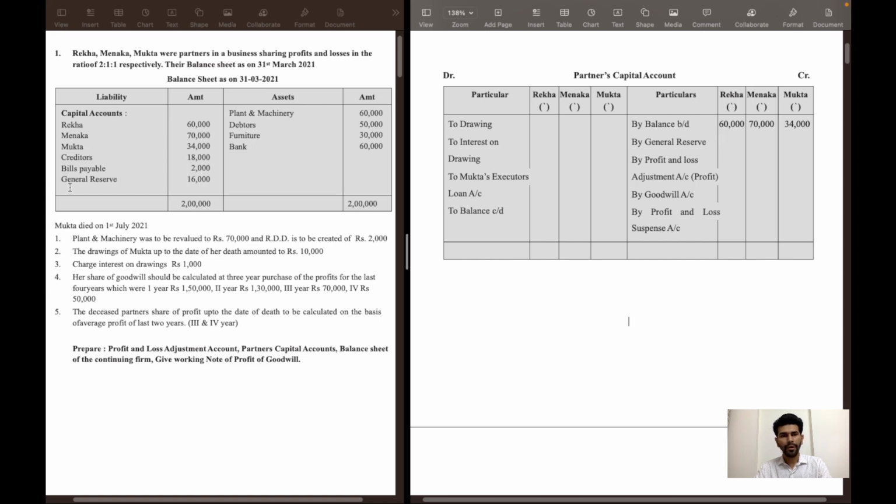Similarly, general reserve undistributed profit will also come on partners capital account credit side in the ratio 2 is to 1 is to 1. 16,000 will be distributed among Rekha, Menka and Mukta in the ratio 2 is to 1 is to 1. So 16,000 into 2 divided by 4, amount will be 8,000 for Rekha, 4,000 for Menka and Mukta.